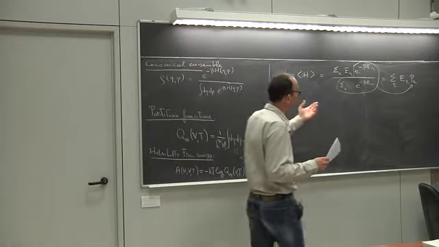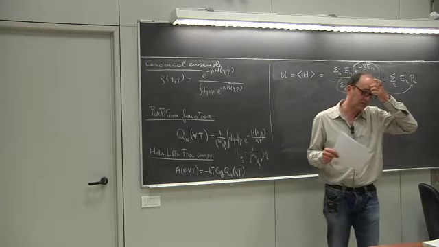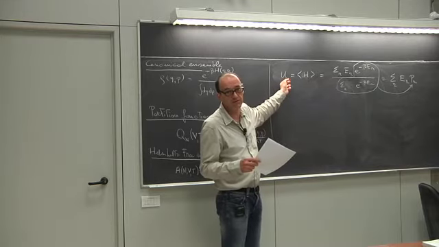What is the probability that I will find my system with an energy very different from this one?